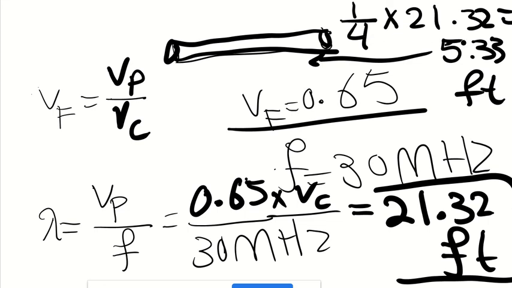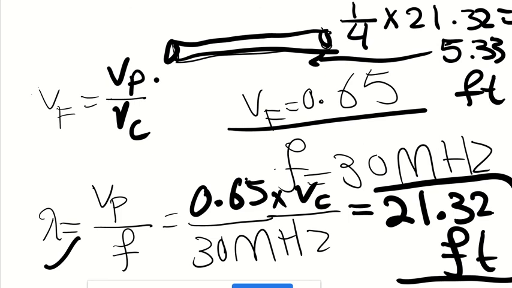that is the quarter of the wavelength. I think this is one of the examples of the book. It says, what's the transmission line length if it is the quarter of the wavelength? So you start by getting your wavelength, which is Vp over F. What is Vp?